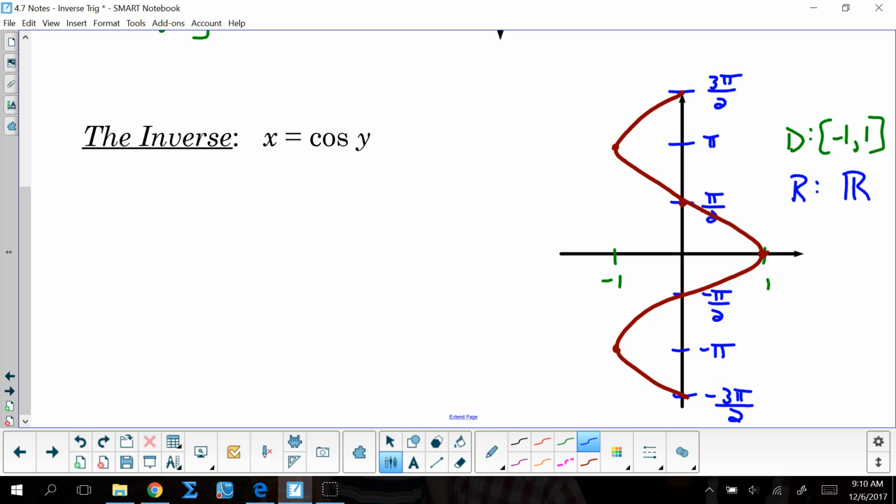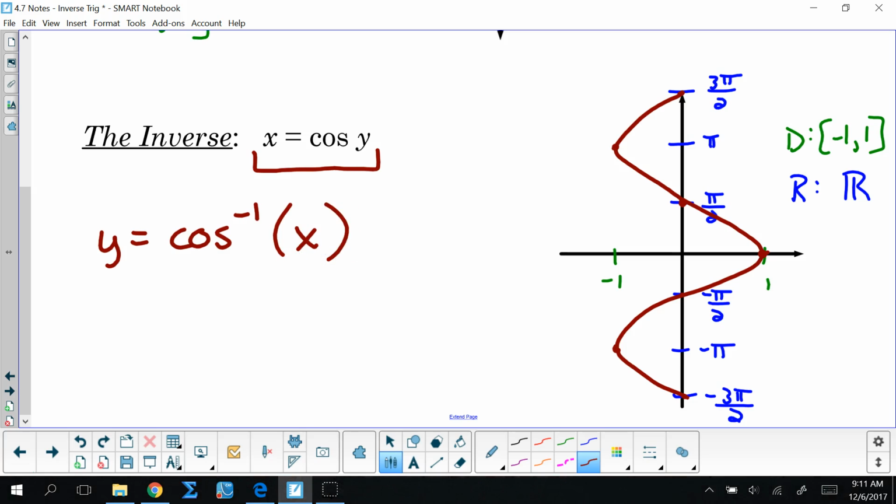Okay? Now, notation-wise, we don't write this per se. We write it as y equals the inverse cosine of x, or we would write it as y equals the arc cosine of x.